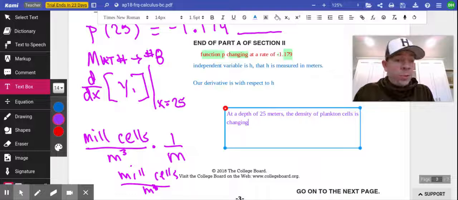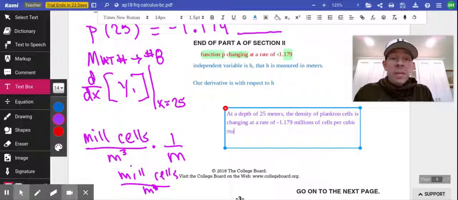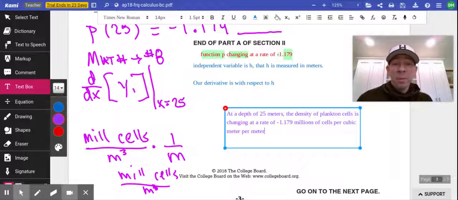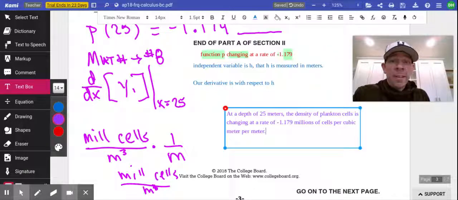Again, there's our neutral word, changing, at a rate of negative 1.179 millions of cells. Now, here's one way you could say it. You could say per cubic meter per meter. And cubic meter per meter is basically at the end of the day equivalent to m to the fourth. So that puts the finishing touch on part A. Thank goodness. We're ready to move on.